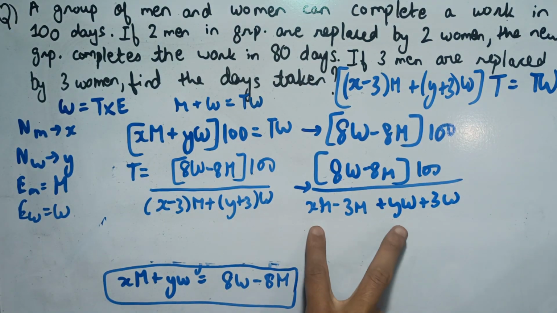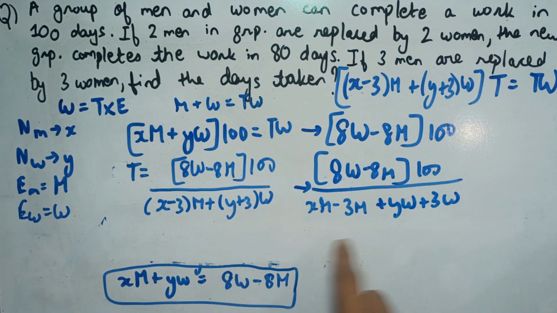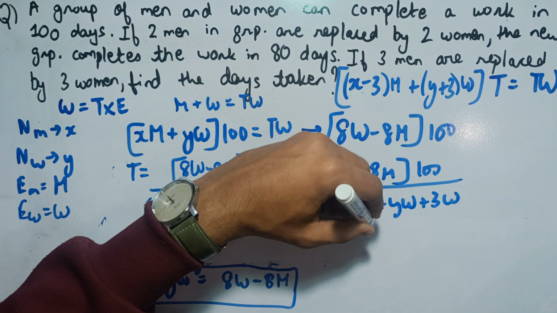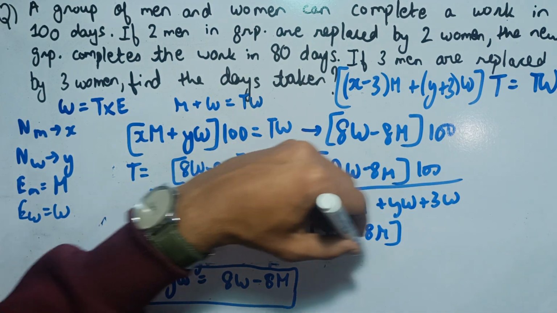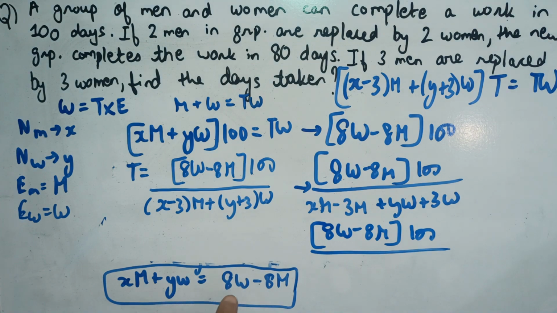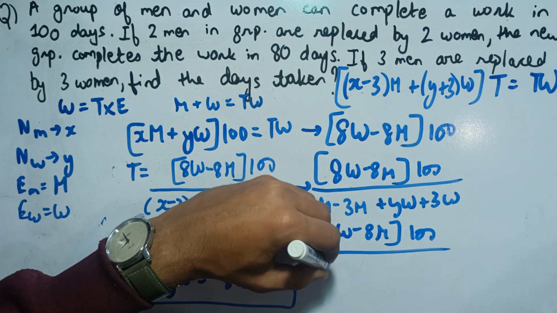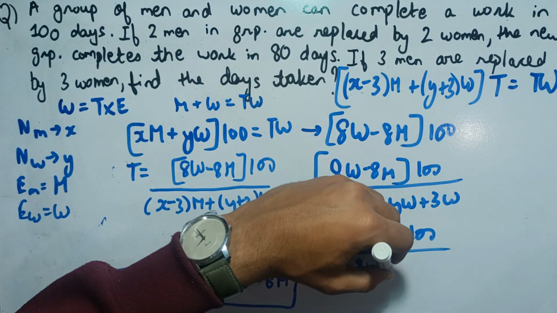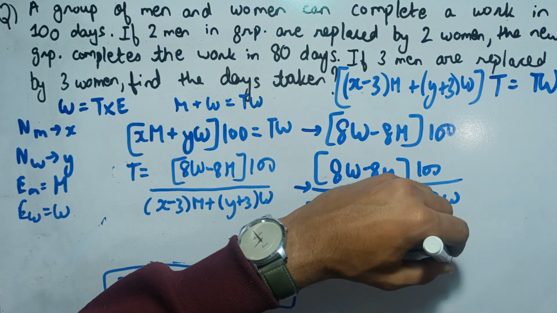See, we get XM plus YW, we have the value of that. We'll substitute this. Yes, I can substitute it here as well. This is 8W minus 8M into 100, and for XM plus YW, 8W minus 8M, and minus 3M plus 3W.